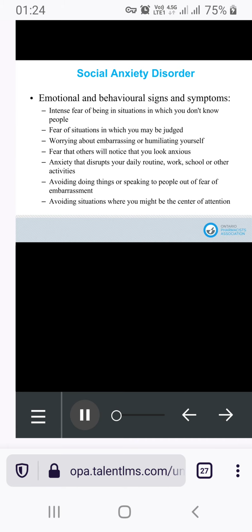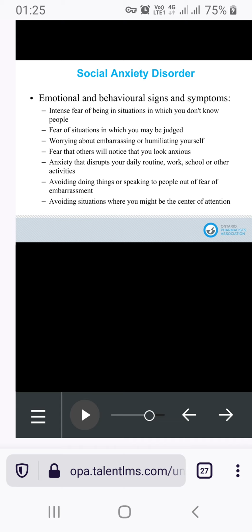Social anxiety disorder, emotional and behavioral signs and symptoms. Intense fear of situations in which you don't know people. Fear of situations in which you may be judged, worrying about embarrassing or humiliating yourself.